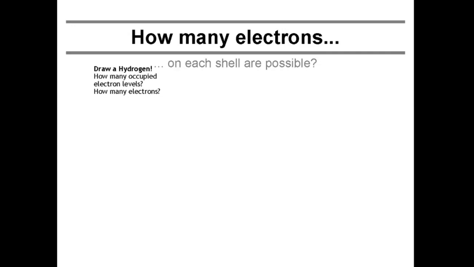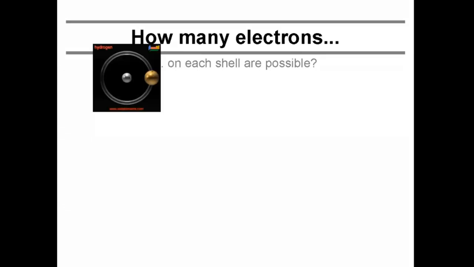So what we're going to do is we're going to draw a model of a hydrogen atom. If you want to follow along, I'll give you here an example. It's just a nucleus, and in this case, I over-exaggerated the electrons so we can see it because we're talking about electrons here. So we kind of ignore the nucleus, we make it tiny and kind of stick it in the middle, and there it is.